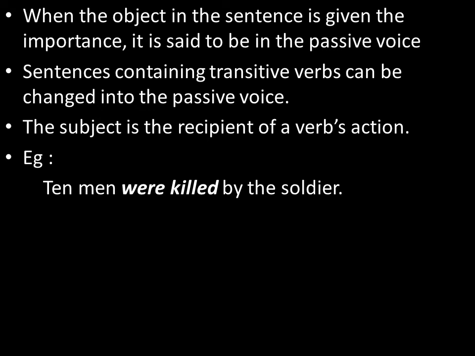That means active voice, the soldier killed 10 men. It's passive, 10 men were killed by the soldier. Here, the word killed in active voice is changed into were killed in passive voice. Its subject is changed to object of the sentence and its object is changed into the subject of the sentence in the passive voice.